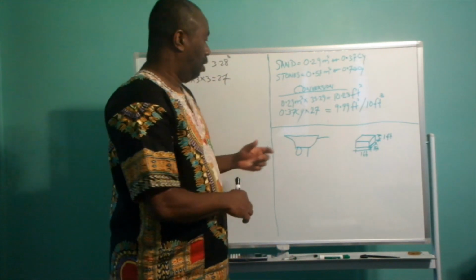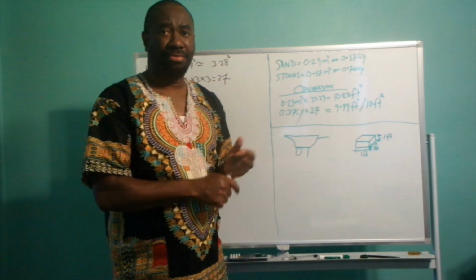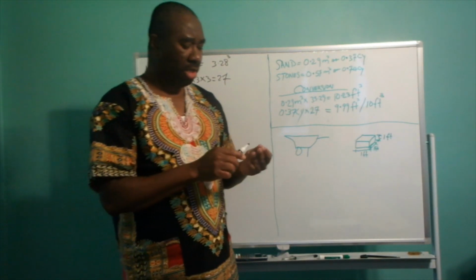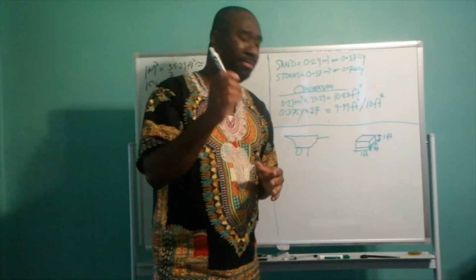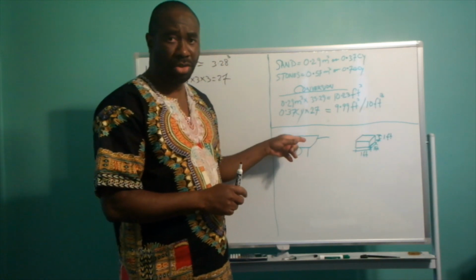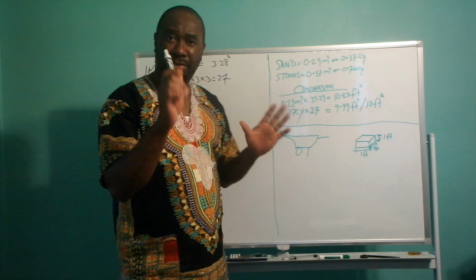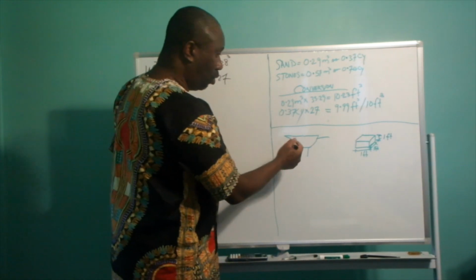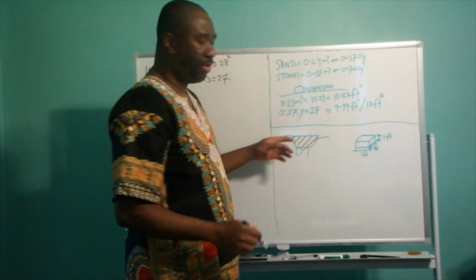Now, to measure 10 cubic feet on site, I'm going to show you a way that can be done. If you're going to use a wheelbarrow to proportion your mix, the ideal thing is to find the cross-sectional area of the wheelbarrow and multiply it by the width.